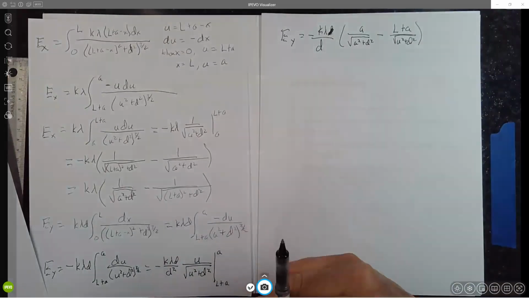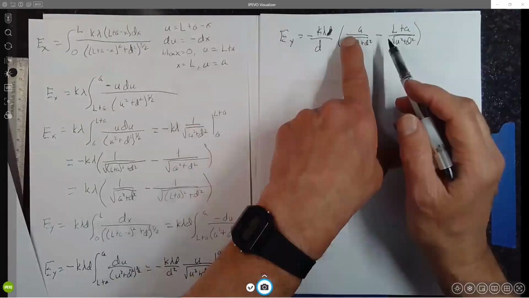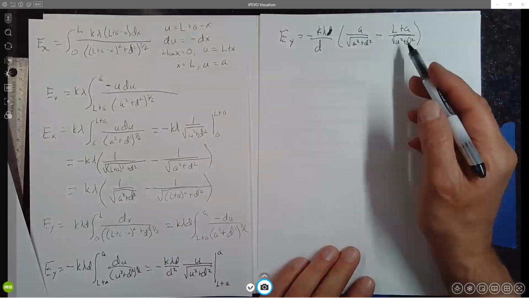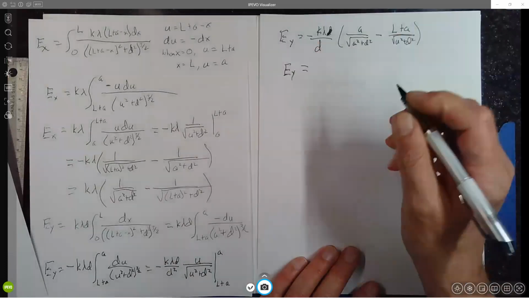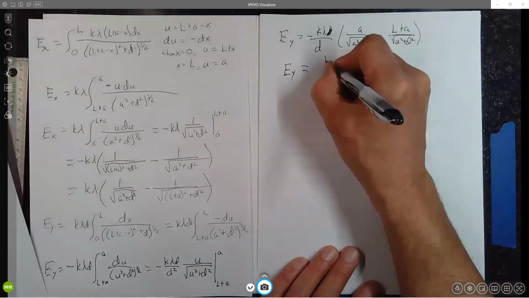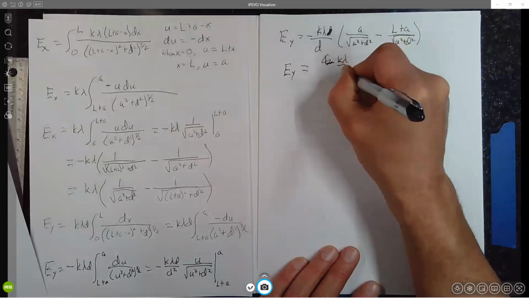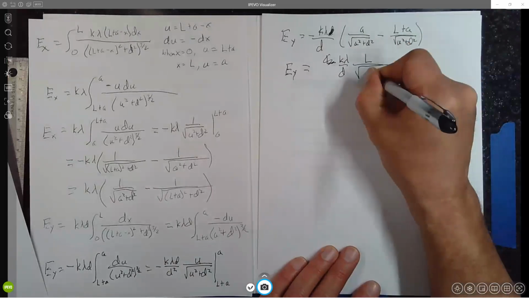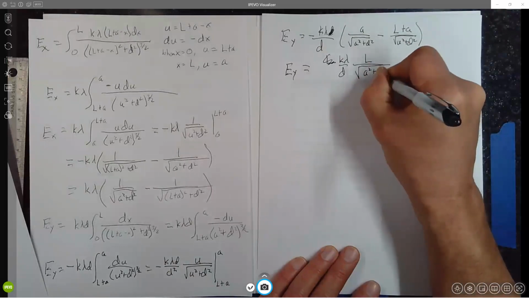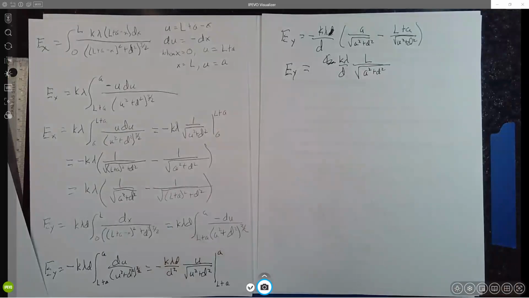If I reverse the order of these two things, I can get rid of that minus sign, and on top I'll have L plus a minus a, or just L. So E sub y will end up being just, whoops, forgot the k lambda over d part, k lambda over d times L divided by the square root of a squared plus d squared.